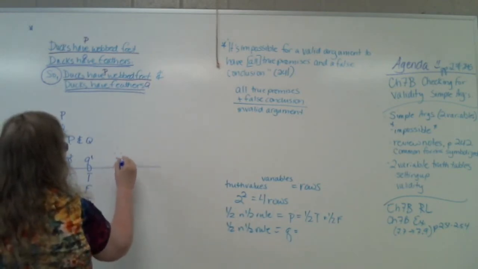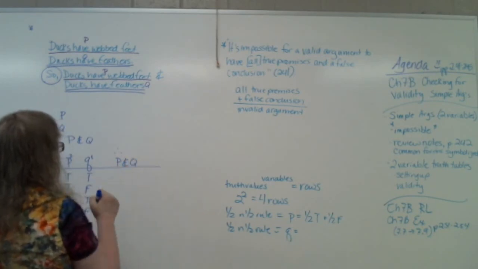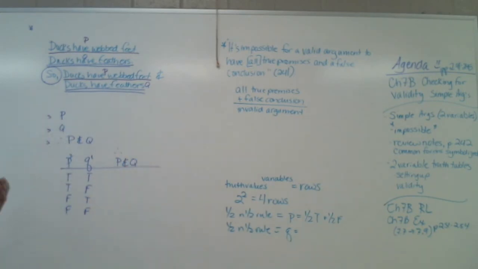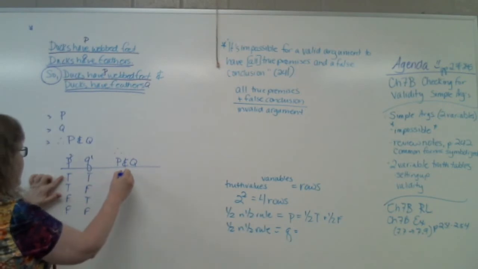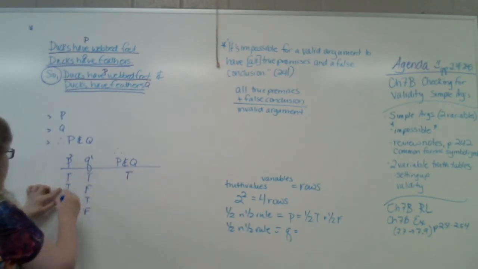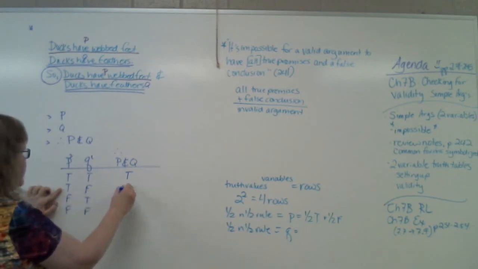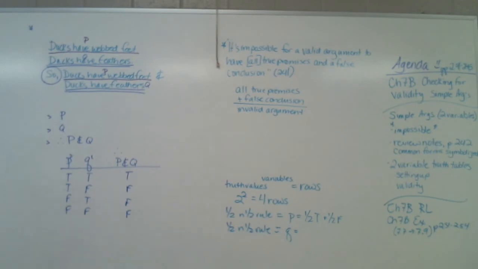Okay, this is my conclusion, P and Q. Okay, and then I'm going to look at my little card that says, here's the truth table for P and Q. It always looks this way. So I have true and true is my only true. I'll look through the others. I don't have any other pairs of trues, so the rest of them are false. And this looks exactly like our P and Q given, okay?